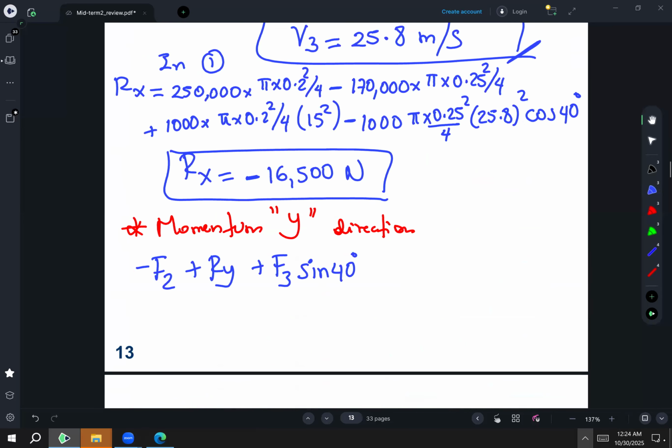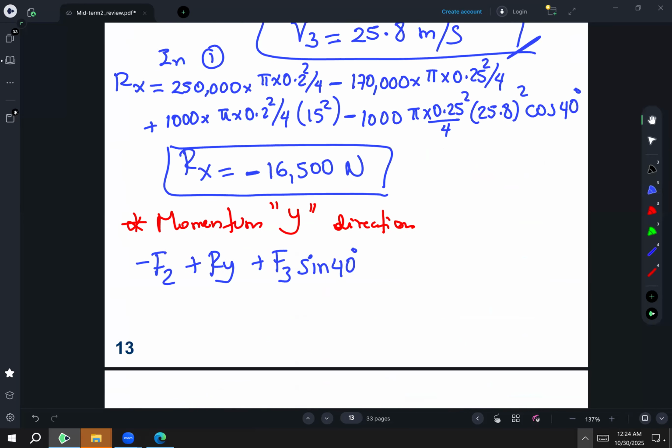Then this will be equal to the density 2, area 2, and then we have the velocity in 2. Velocity in 2 is going to be in the negative y direction, so that's going to be minus v2.